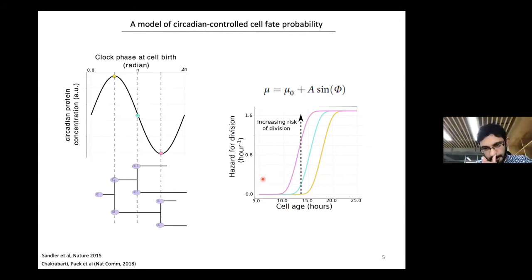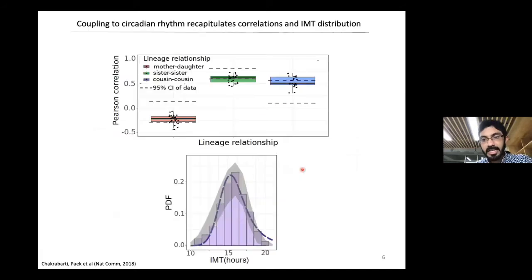So let's put this model into a Gillespie type simulation framework, where we are simulating the growth of these single cell populations using hazard functions that depend on the circadian phase. Can we recapitulate the data that we see? That's what I'm showing you over here. Indeed, we can recapitulate this cousin-mother inequality. Again, what I'm showing you here are the mother-daughter correlations in this pink box plot.